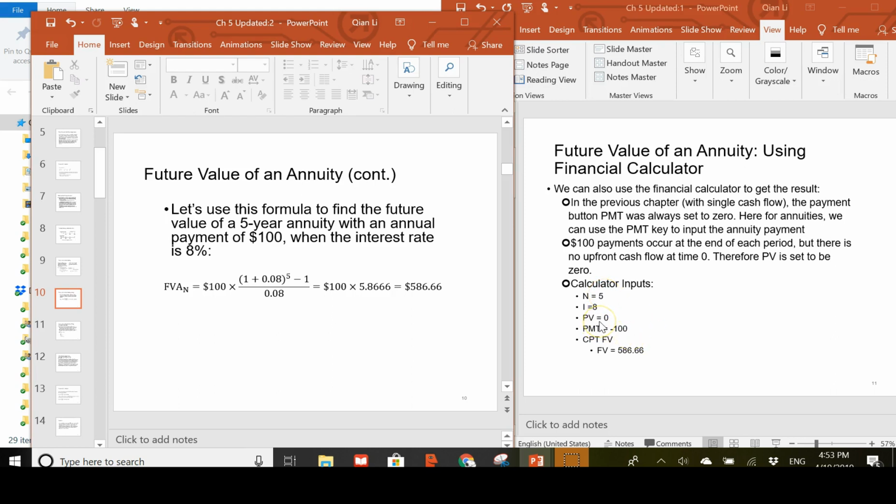There's no upfront payment at the beginning. So with no upfront payment and 1 payment each year for 5 years, each payment being $100, we compute the future value, and it's 586, consistent with the result here.